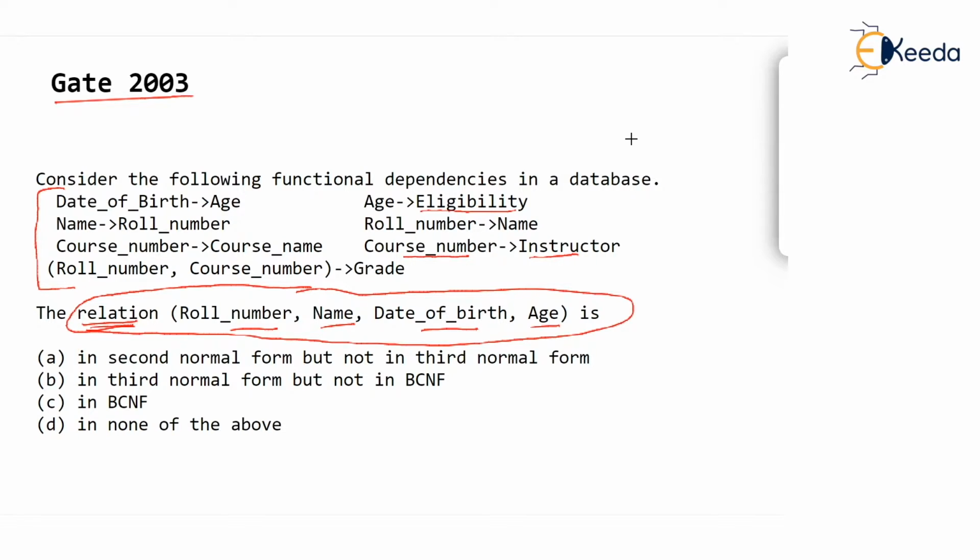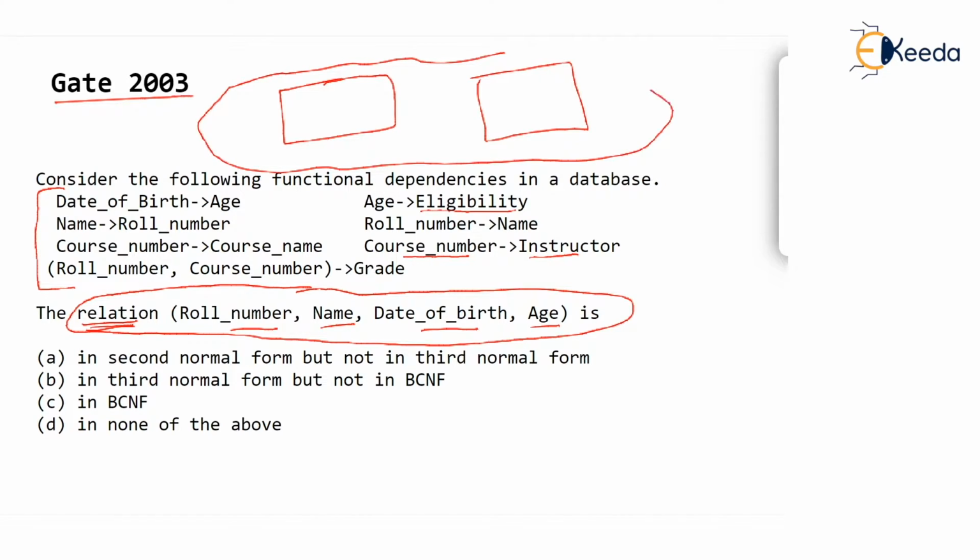What it means is that in our database, there are multiple tables. In our big database, there are multiple tables, and the table that we are talking about over here contains roll number, name, date of birth, age.